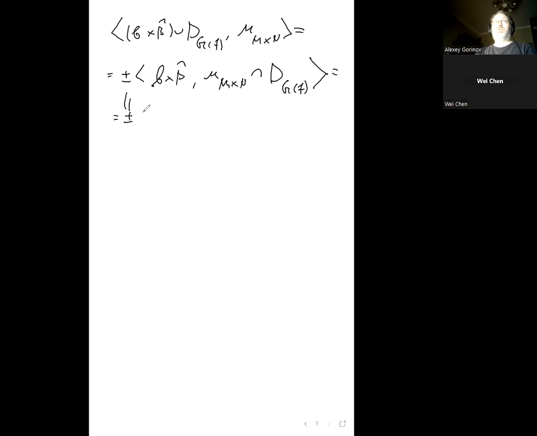And this is the same as b cross beta roof, F lower star of mu m, by definition.